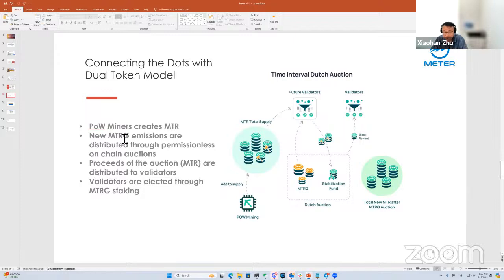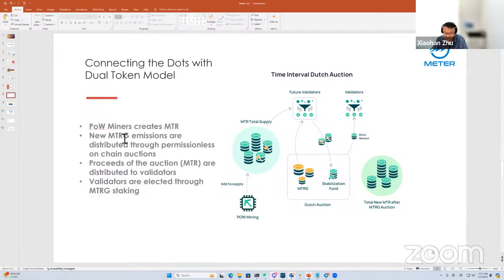I think most of the people nowadays choose to just automatically participate. So basically, using this mechanism, we link the tokenomics of the two tokens, and obviously on chain on different DEXes, you can swap among the two tokens as well.